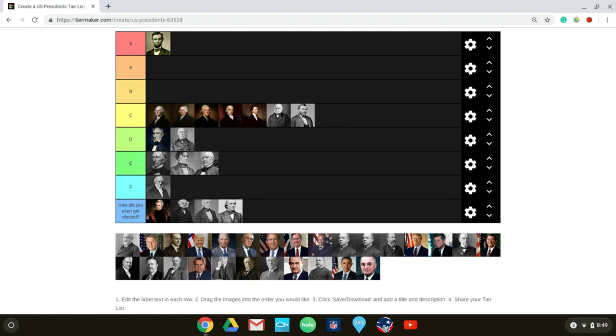His policies with Reconstruction were good, but at the same time, as a general during the Civil War, he'd ordered all Jews out of the North. In spite of the fact that certain Jews did support the South, he generalized, and it was really anti-Semitic. I did not like that one little bit. So because of his anti-Semitic decree, I just can't move him any higher. Not in good conscience anyway.